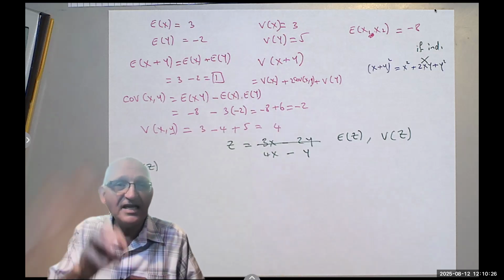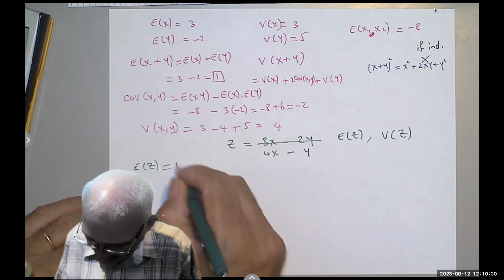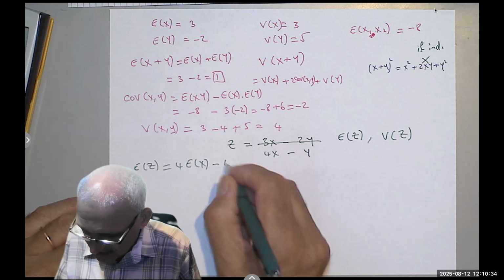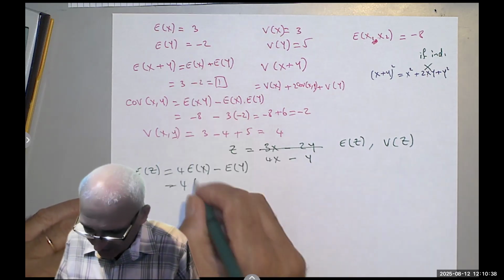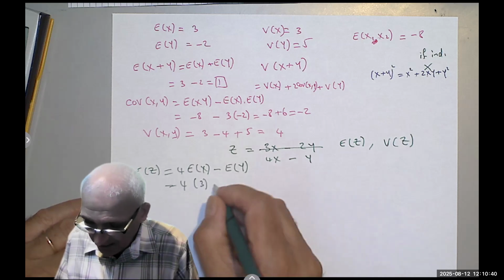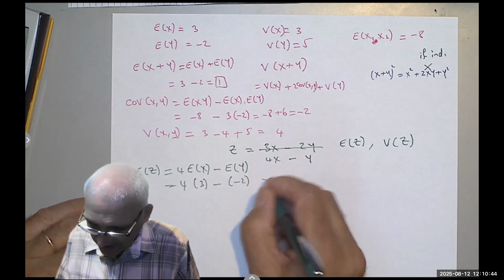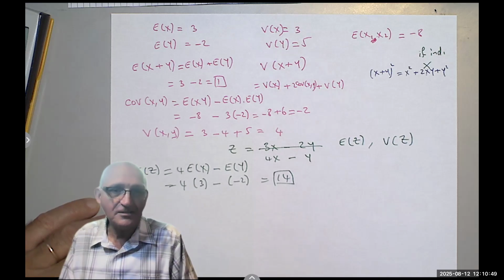Every time you see a letter, substitute it by its expected value. So 4 times the expected value of x, minus the expected value of y. Expected value of x is 3, minus the expected value of y, which is negative 2. So you get 12 plus 2 is 14. The mean of z is 14.